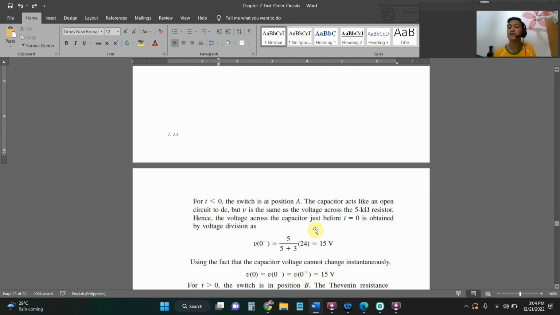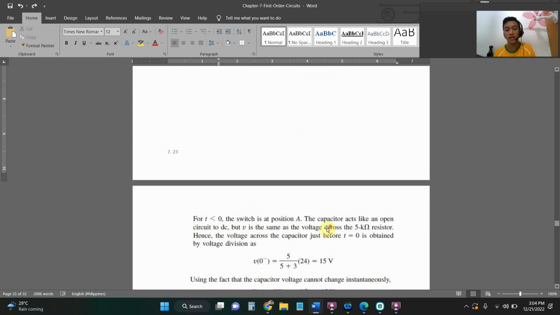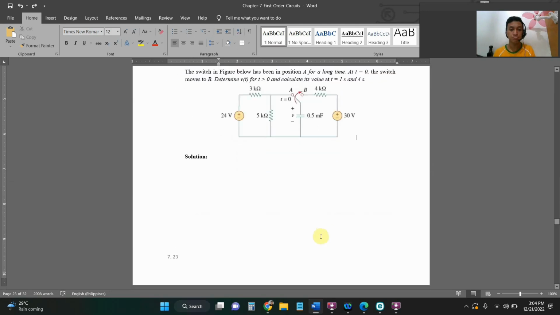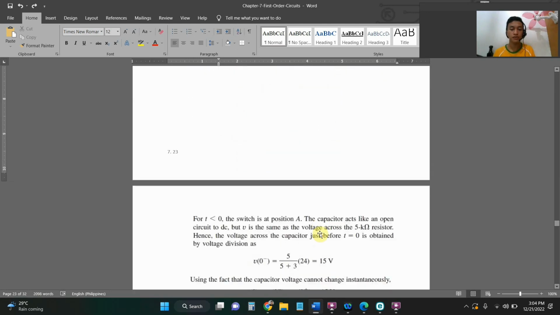Hence, the voltage across the capacitor just before t equals 0 is obtained by voltage division. They have the same voltage. So V is equal to 5 over (5 plus 3) multiplied by 24, and we can get V_0 minus, which is 15 volts.